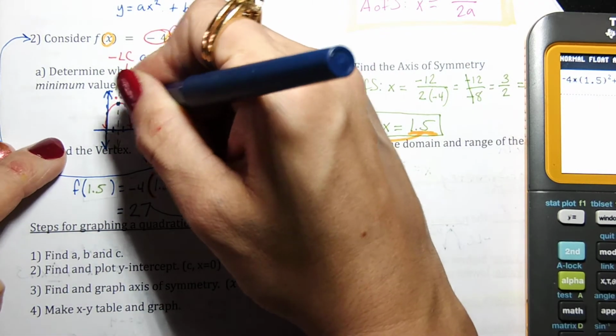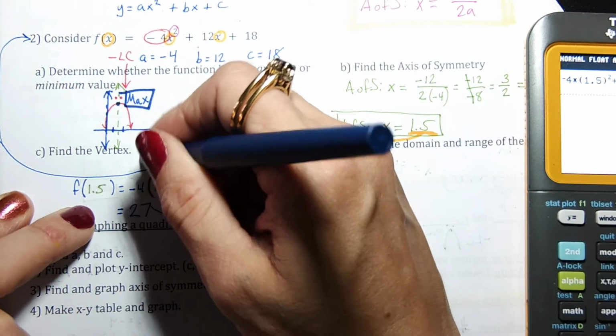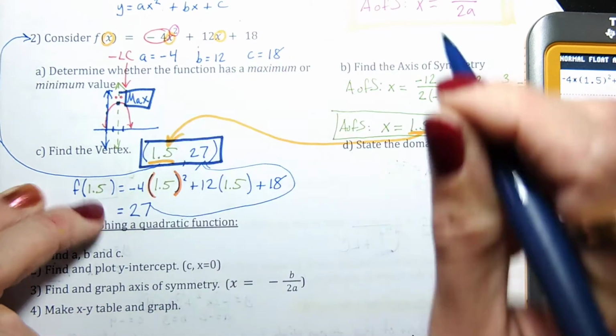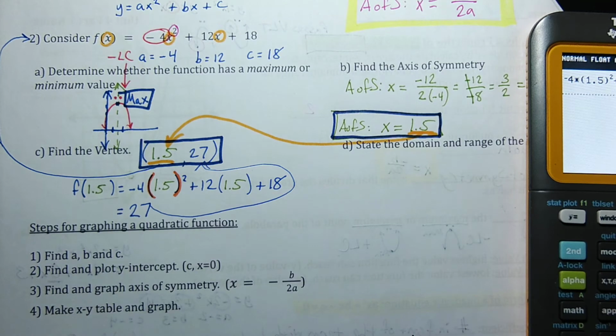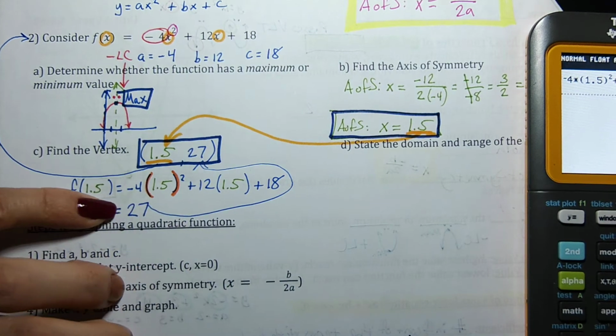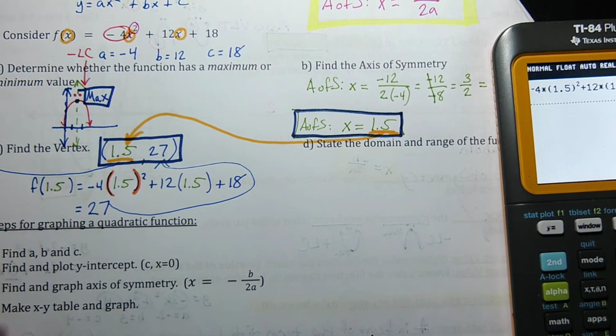So it will have a max. It will have a vertex of (1.5, 27) and an axis of symmetry of 1.5. We haven't made a full-on graph, but our sketch is enough to answer the next question. See if you can state the domain and range for this one using interval notation or inequality notation.